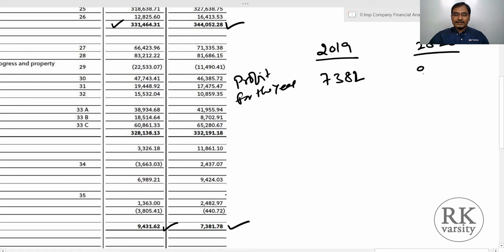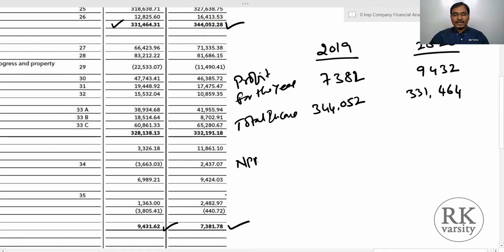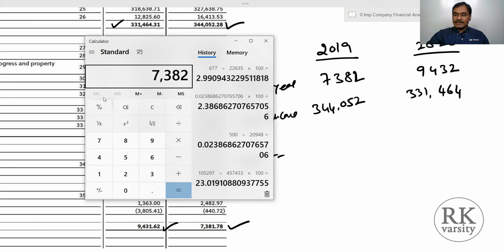And here this is 9,432, and your total income is 344,052, then 331,464. So your net profit margin equals 7382 upon 344,052 into 100.